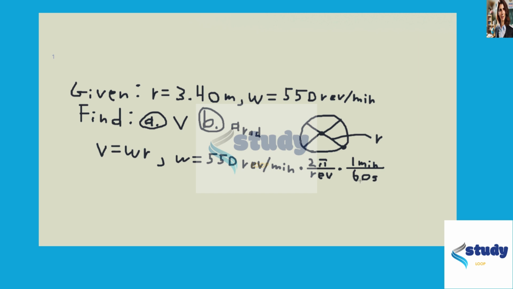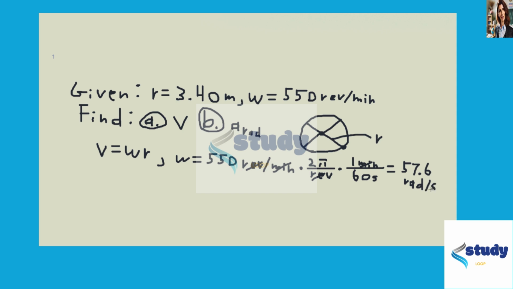So now the minutes cancel out and the revolutions cancel out. So we just have 550 times 2 pi divided by 60 seconds. So I'm going to get 57.6. And now the units are going to be in radians per second, with radians in the numerator and seconds in the denominator.